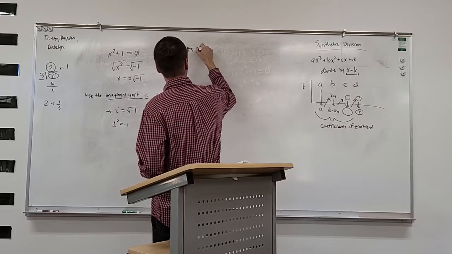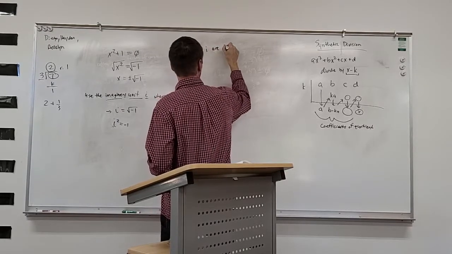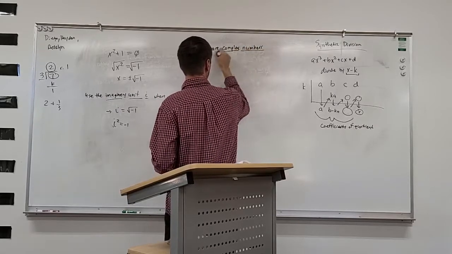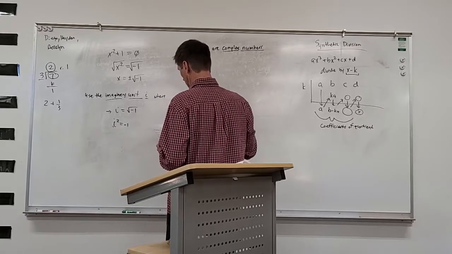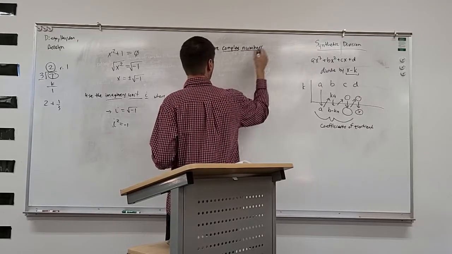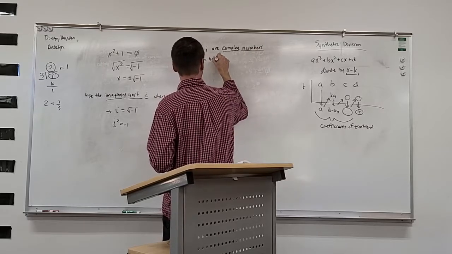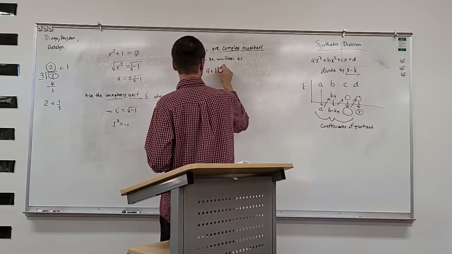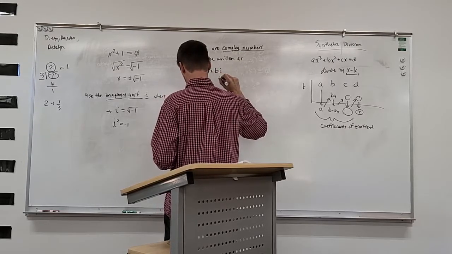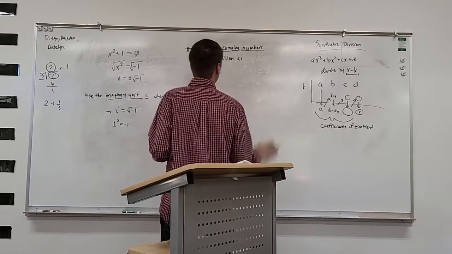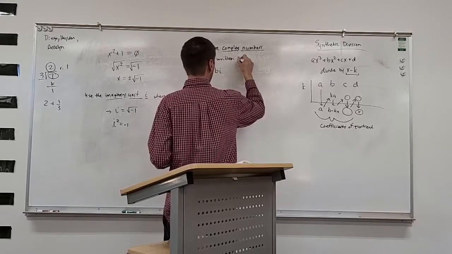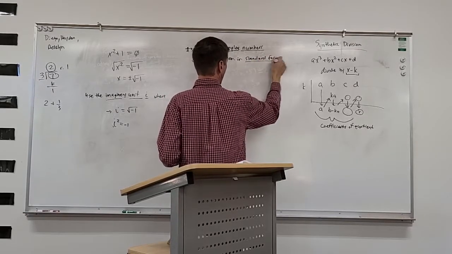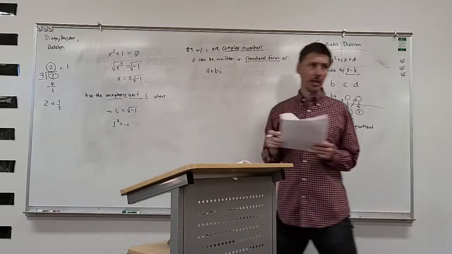Numbers with i are complex numbers, numbers with an imaginary term in them. The standard form for a complex number is a plus bi.